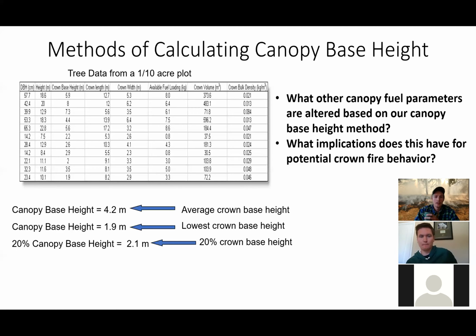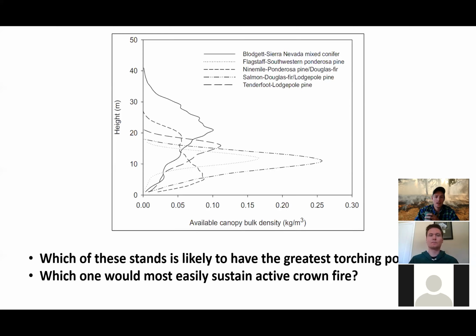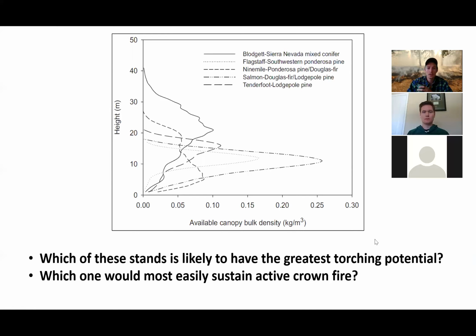Cool. All right. And then the last slide here, I think these canopy fuel profiles are really cool and useful, and they tell us a lot about the stand. Even if you're just a forester or silviculturist, and you're not worried about crown fire behavior, I still think these plots are important because they tell you how your trees or your foliage are using the growing space.